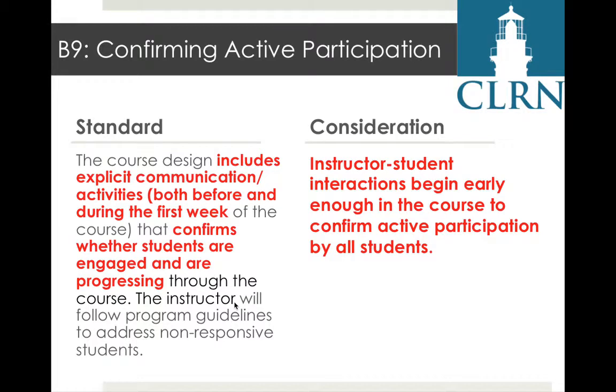The primary purpose of Standard B9, confirming active participation, is that the course and instructor confirm student engagement during the first week of the course. This is to ensure that students are participating in lessons, are progressing through the course, and are not having difficulties. The key word in the standard is that these activities that check student progress are explicit.